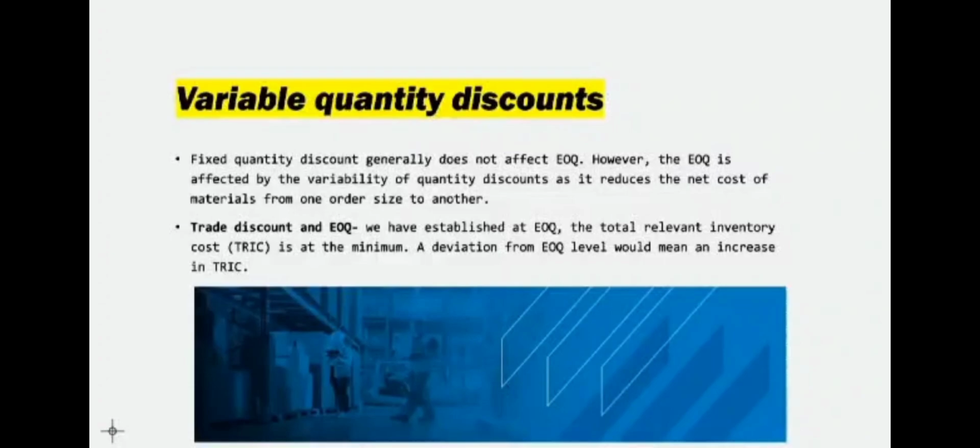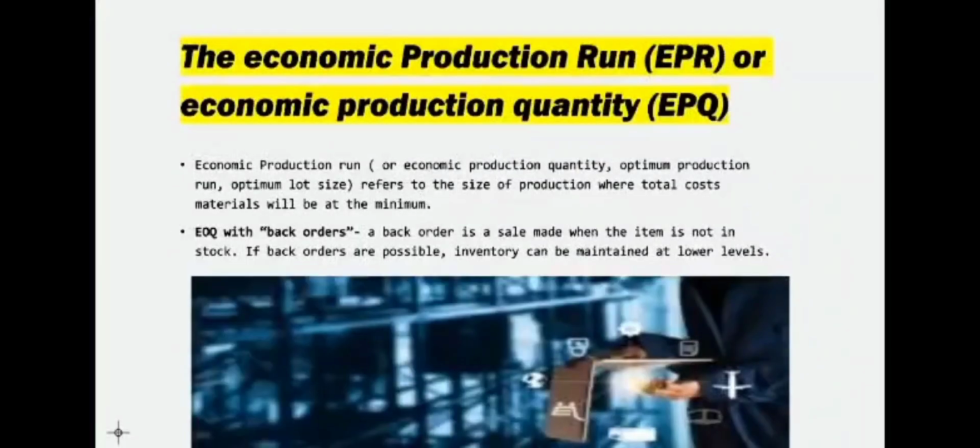To determine the optimum quantity, we need to compare the total inventory cost of order quantities of 1,000 units and 2,000 units. We can ignore the total inventory cost of 500 units as it is below the EOQ level.